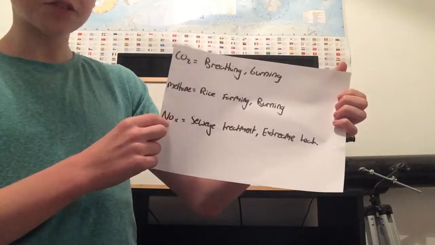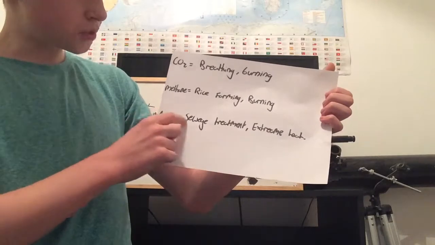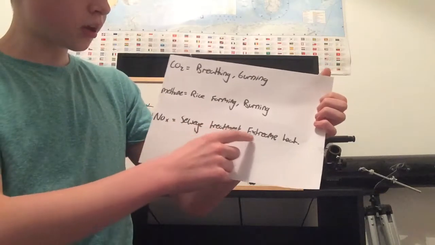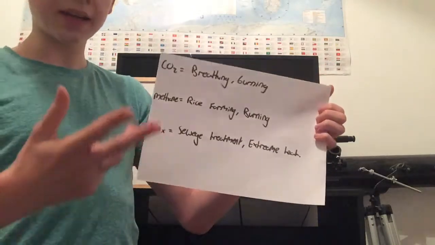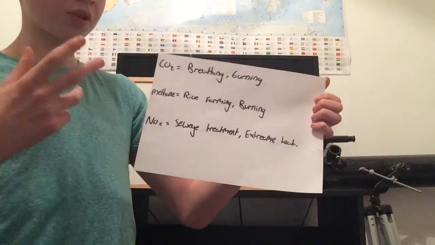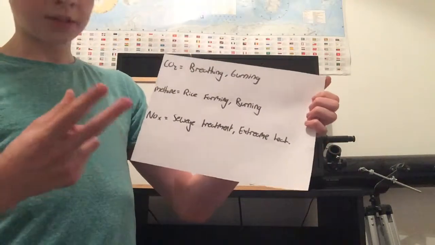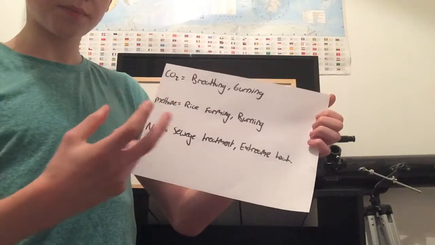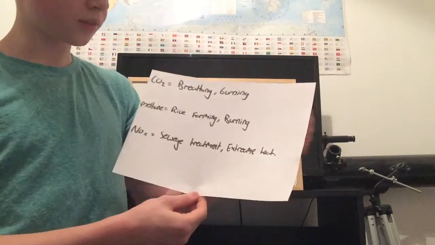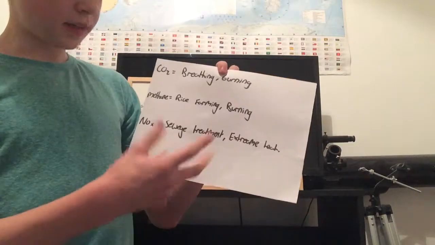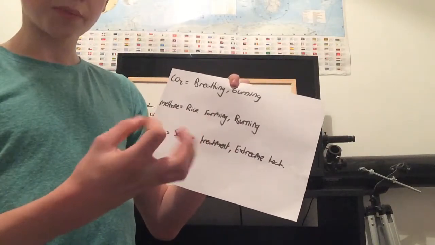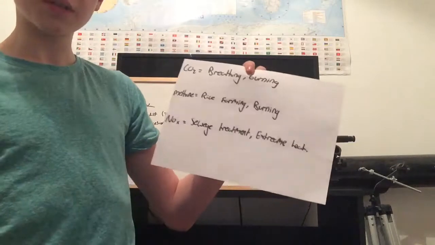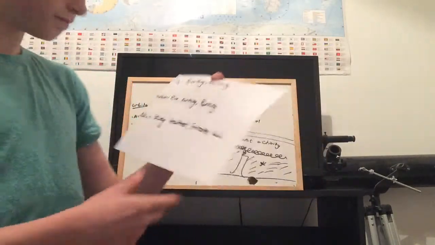And NOx, or nitrogen oxide, is produced by sewage treatment or extreme heat, like in engines. Sometimes if an engine is running super dirty, that means rich, it can produce soot and particulates. This causes nitrogen and oxygen to bond together, creating nitrogen oxide, which is very, very bad for the atmosphere.